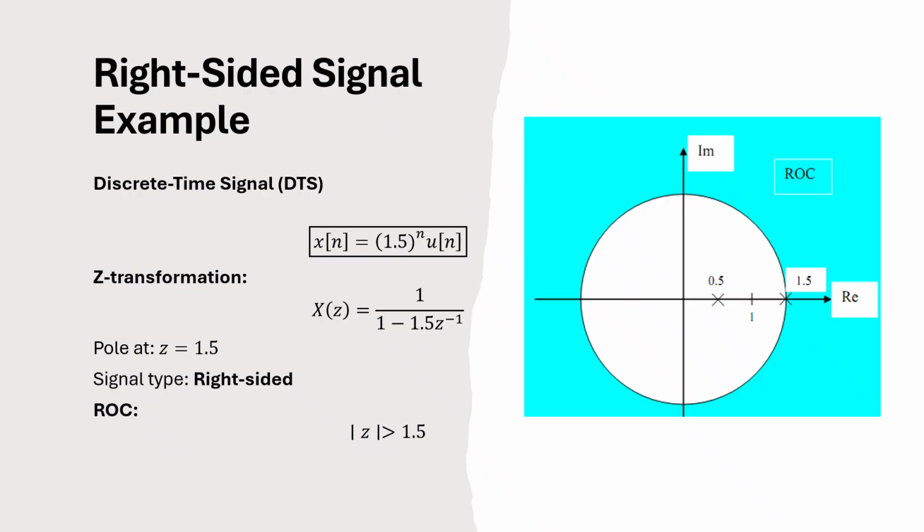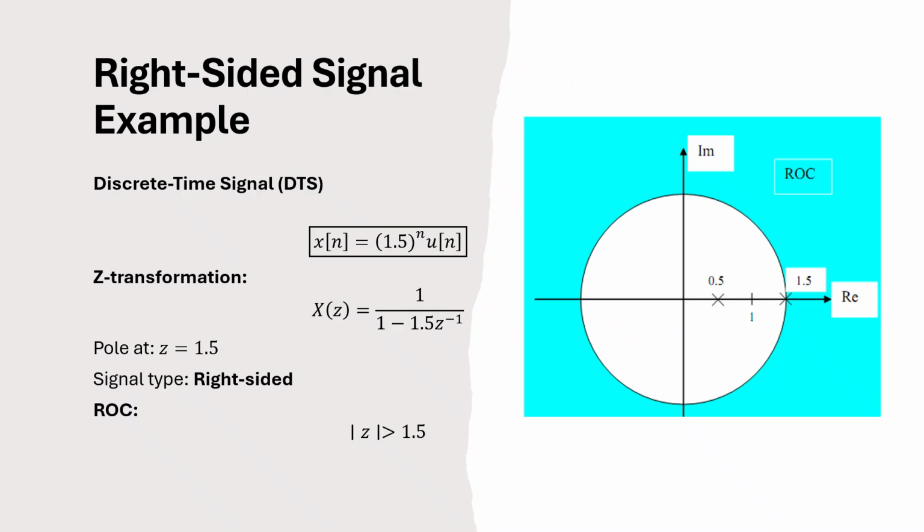Let's take a classic right-sided signal example. The discrete time signal is x of n equal 1.5 to the power n u of n, where u of n is the unit step function, so the signal is 0 for n less than 0 and grows or decays depending on the value of a. Its Z transformation is X of z equal 1 by 1 minus 1.5 z inverse, with a single pole at z equal 1.5.